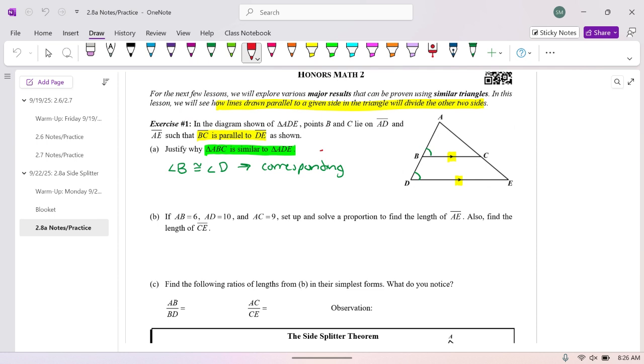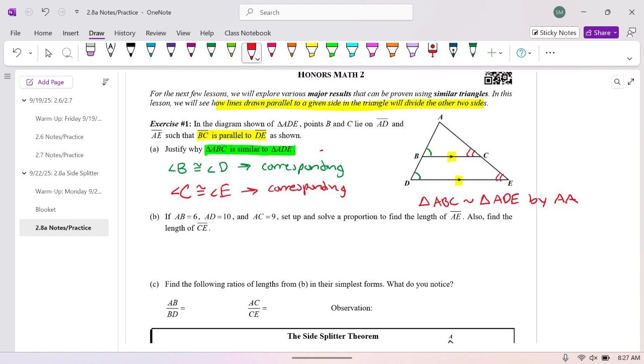There we go. Okay, so we can say angle C is congruent to angle E, again, because they are corresponding. Now, that is enough to say that triangle ABC is similar, remember the squiggle just means similarity, to triangle ADE, and it's by angle-angle. Now, how can I show that angle A is congruent?